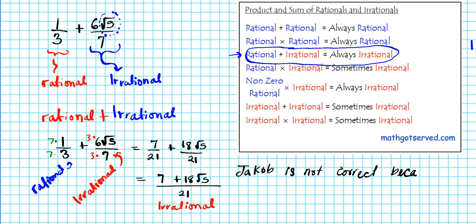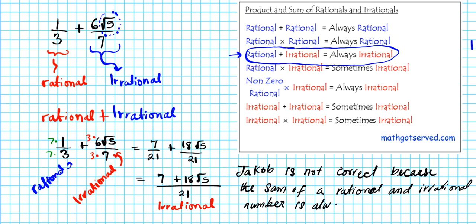Because the sum of a rational and irrational number is always what? Irrational. Always. And that's not consistent with what Jacob said.